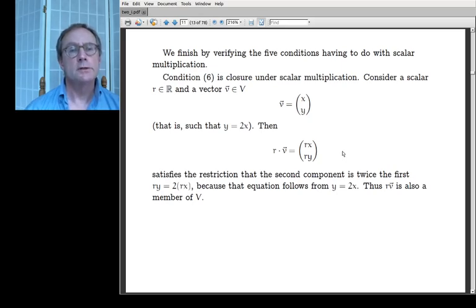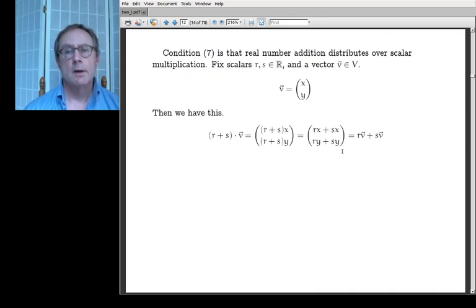The closure conditions are the ones that we'll usually be paying attention to. Condition 7: to check that real number addition distributes over scalar multiplication, we just check that r plus s multiplied by v gives you the same thing. If you take v in the vector space capital V, do you get a result that's in the same vector space?